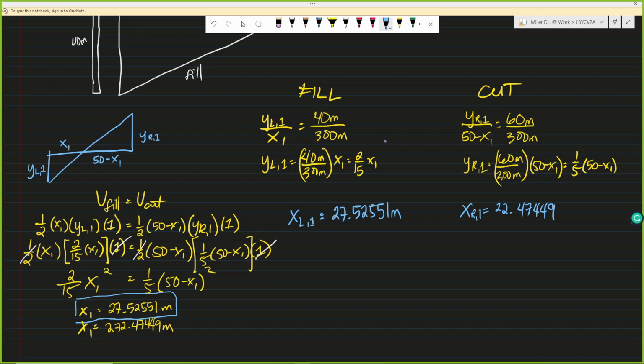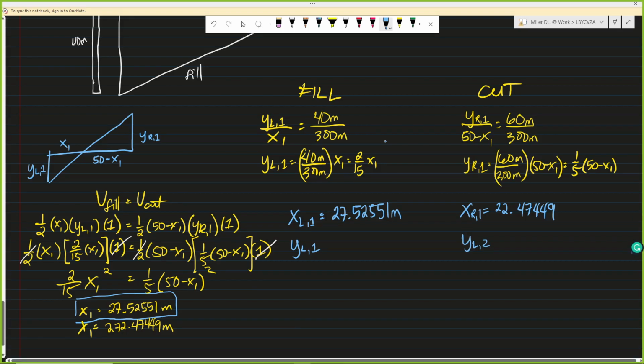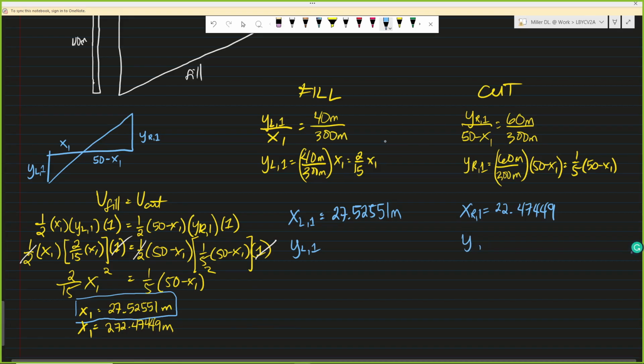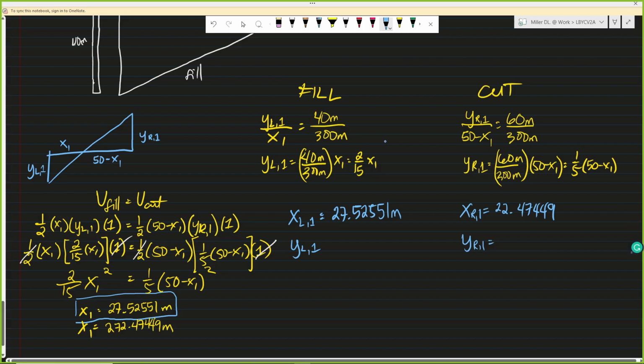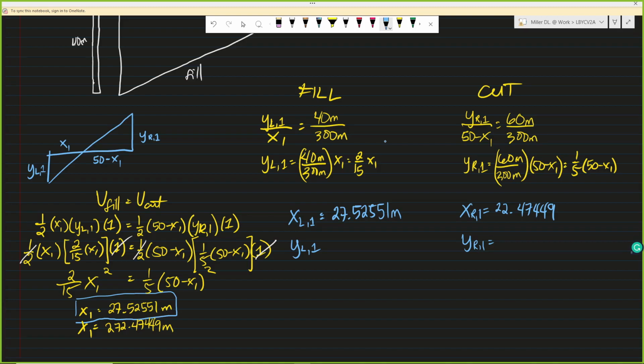Then, let's solve for y sub L1 and y sub R1. So, substitute lang natin. So, 2 over 15 times 27.52551, yun yung si YL1. Samantalang si YR1, it is just 1/5 times 22.47449. Sige, kindly compute.